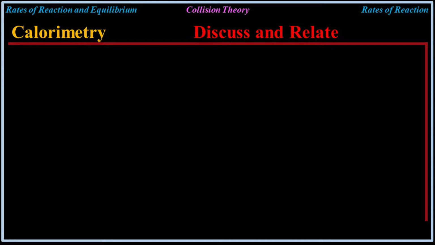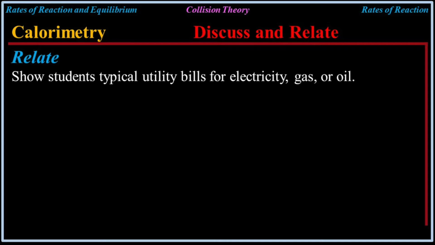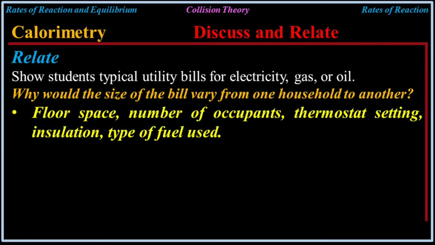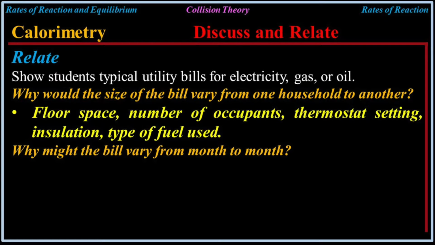Calorimetry, discuss and relate. In this one, we're going to simply relate. Show students typical utility bills for electricity, gas, or oil. Why would the size of the bill vary from one household to another? Floor space, number of occupants, thermostat settings, insulation, type of fuel used.